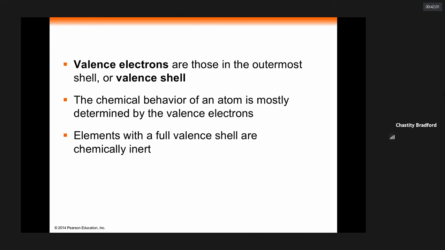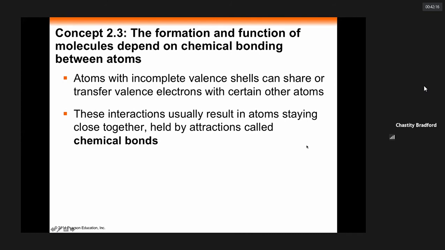What information do they give you? The chemical behavior. All day. They tell you the chemical behavior of that atom. If that valence shell is full, the chemical is inert. What does inert mean? Neon is inert. What does that mean? Somebody look it up.